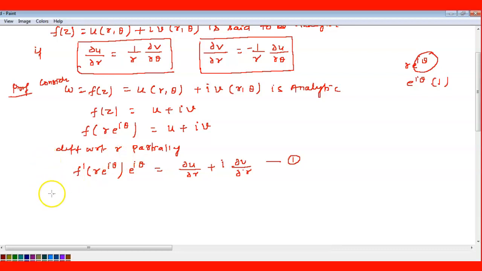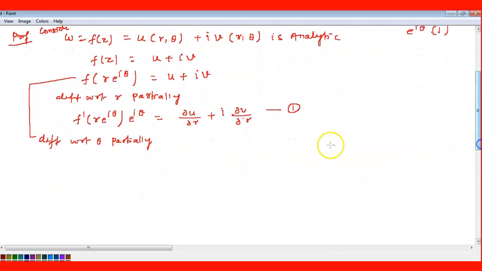Now again differentiate this with respect to theta partially. Tell me what will you get. First, f dash of r e to the power i theta as it is, and r e to the power i theta we are differentiating with respect to theta, so r is outside.